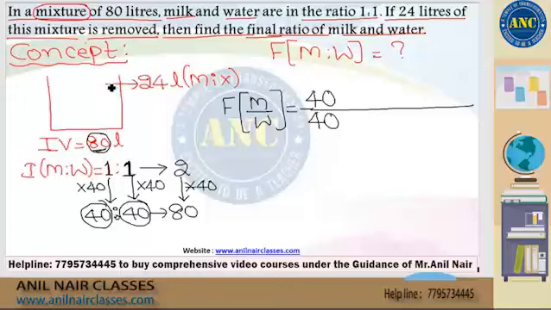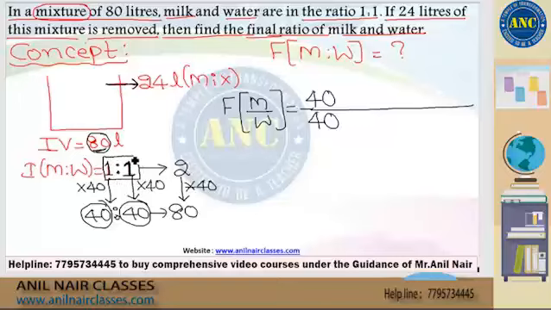Now I am taking out 24 liters of mixture from the vessel. What is the meaning of taking out 24 liters of mixture? Initial ratio is 1:1. That means I am taking out this mixture of 24 liters also in the ratio of 1:1.